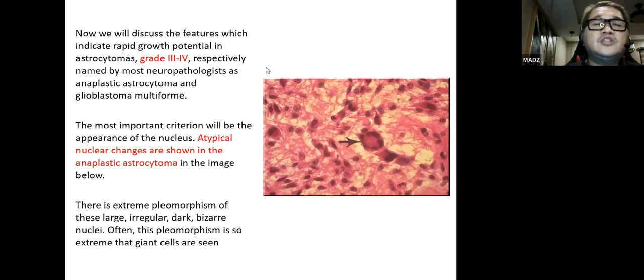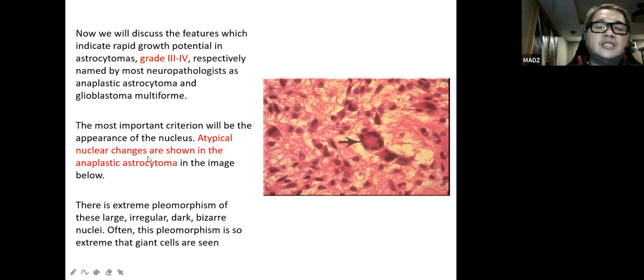Now we will discuss the feature which indicates rapid growth potential in astrocytoma, which is grade 3 and grade 4 respectively, named by most pathologists as the anaplastic astrocytoma and glioblastoma multiforme, respectively. The most common important criterion will be the appearance of the nucleus.